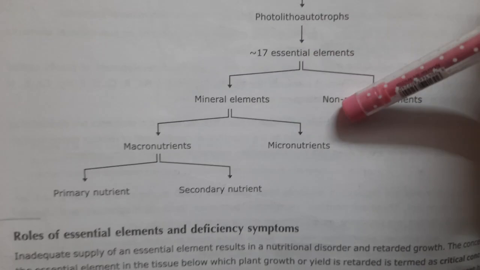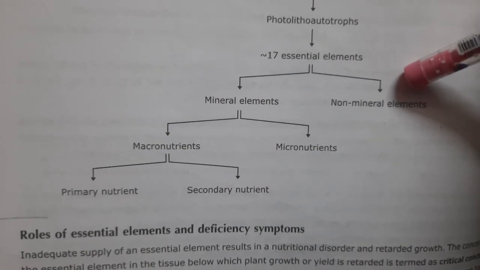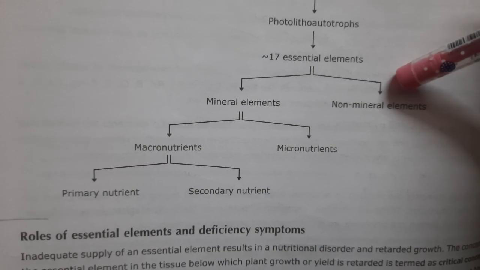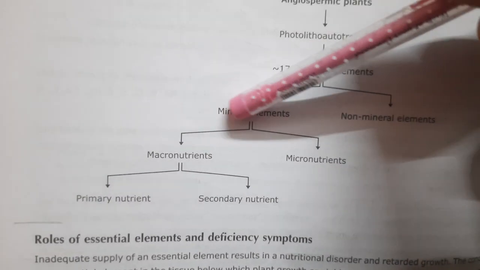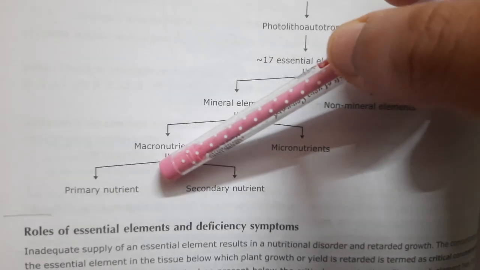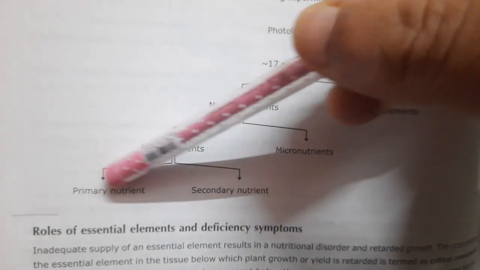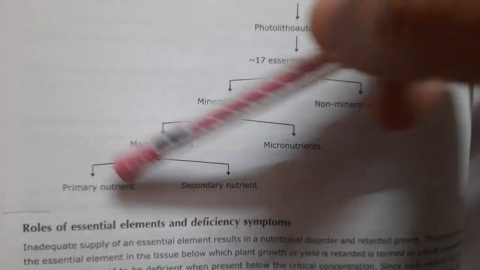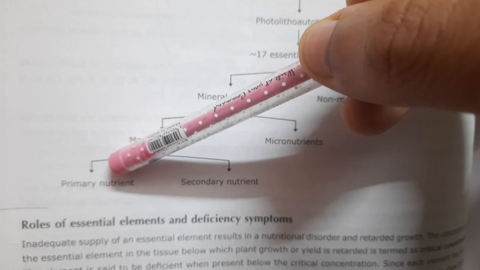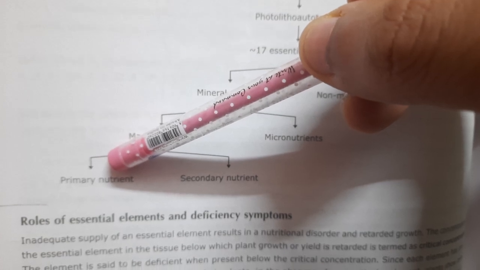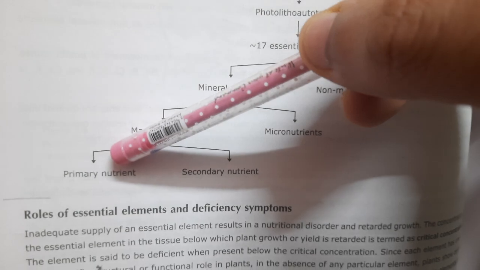That is why in case of macronutrients, oxygen, hydrogen, and carbon are not included, since this is a classification of mineral elements. Macro elements can be further divided into primary and secondary. These finish up first and these finish up later. So what were the primary elements? These were nitrogen, phosphorus, and potassium.